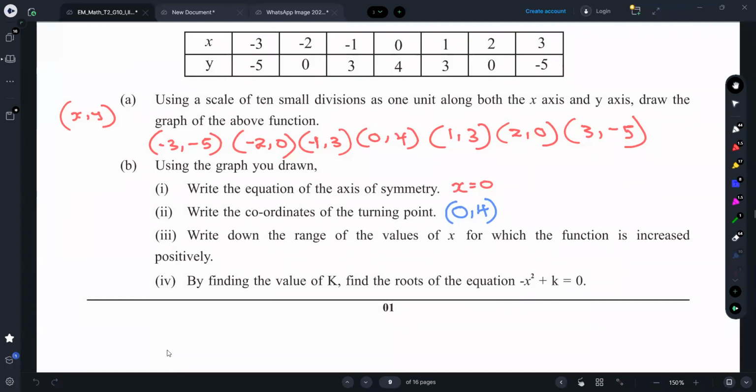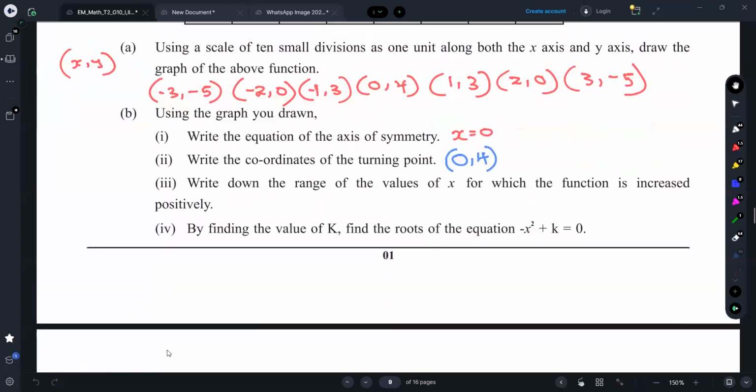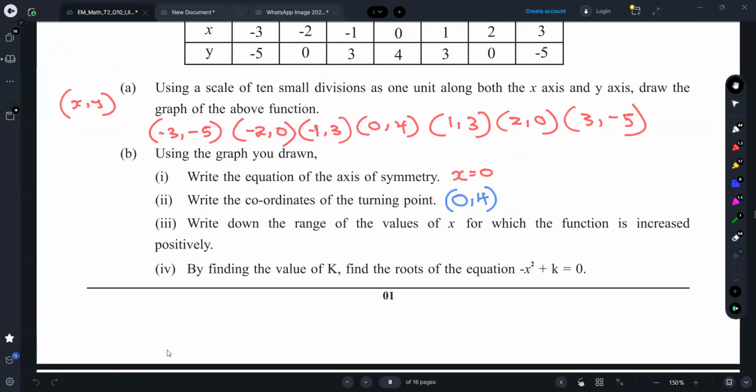Increase positively. Okay. By finding the value of k, find the roots of the equation minus x squared plus k equals 0. We should find the values.